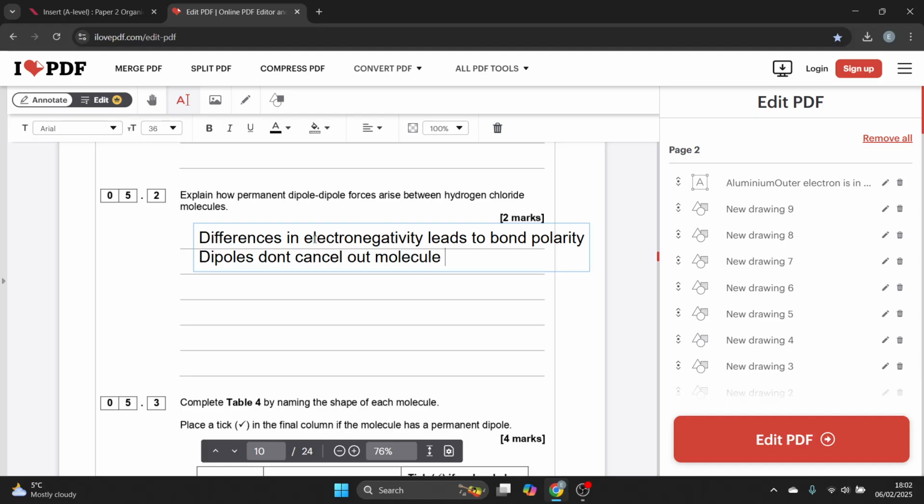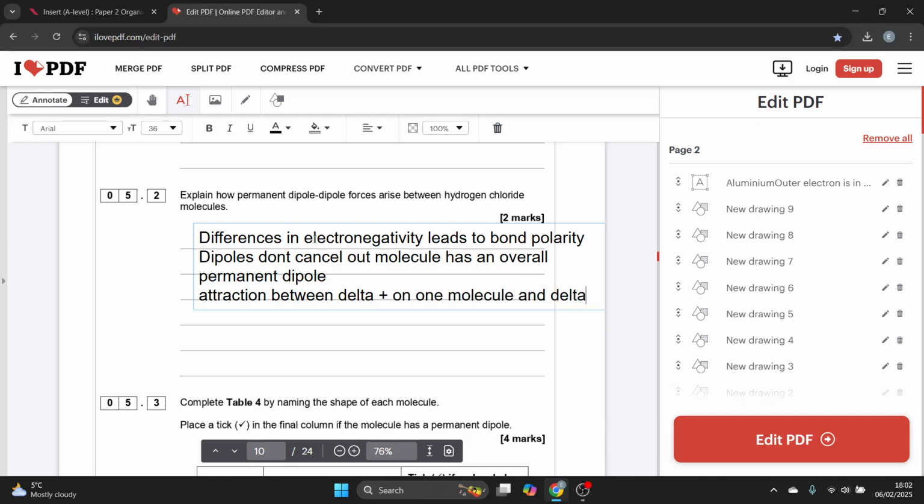Molecule has an overall permanent dipole. Attraction between delta positive on one molecule and delta negative on another.